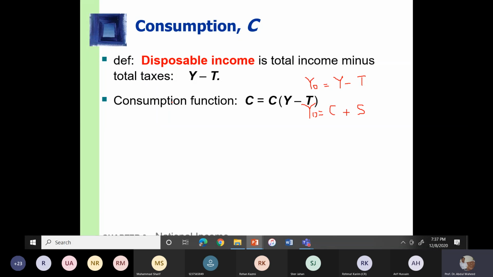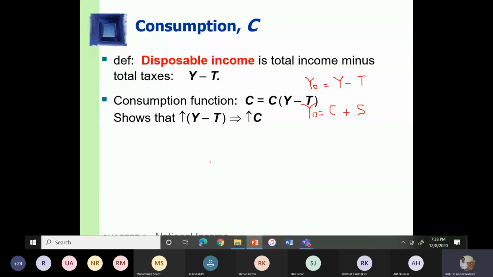And consumption is a function of disposable income. So what do you think? When disposable income increases, what will happen to consumption expenditure? It will increase or decrease? It will increase, sir. Yes, it will increase because as we get more and more disposable income, our consumption expenditure will increase.